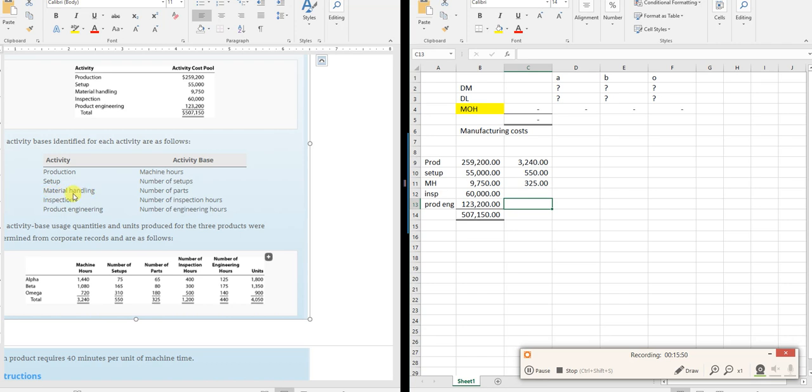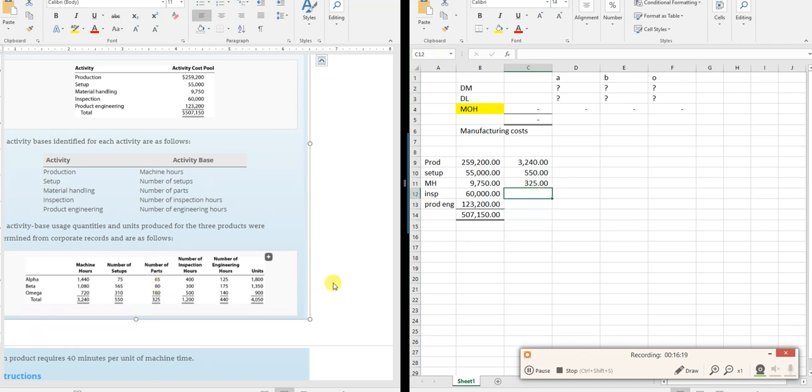A forklift operator has to go and move the materials around, so based on weight, but sometimes the number of parts, because the parts are in different locations, so somebody actually has to go get the parts and bring them together. So if an item has 180 parts and you're the only person working on it, you're running to 180 places to get it. I'm kind of over dramatizing this a bit, but another one has 80, etc.